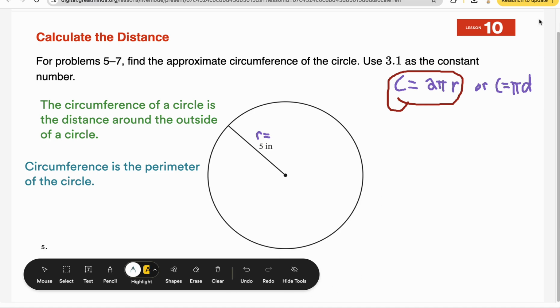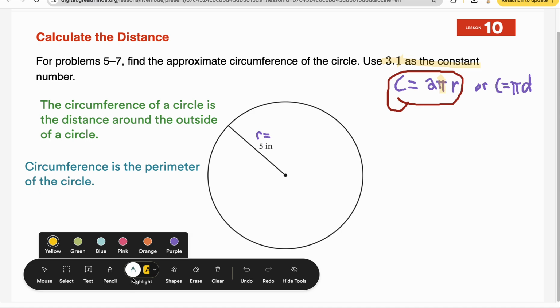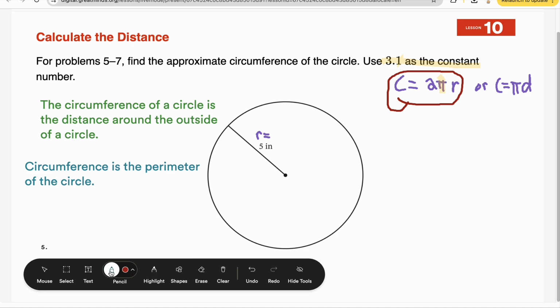But in this case, it's telling us to use 3.1 as the constant, meaning it wants us to use 3.1, not for r, it wants us to use 3.1 for pi. So normally pi is usually represented by 3.14 if we're abbreviating it, but for some reason here they want you to use 3.1.